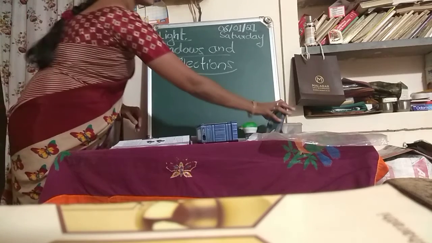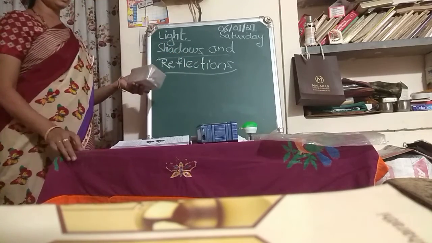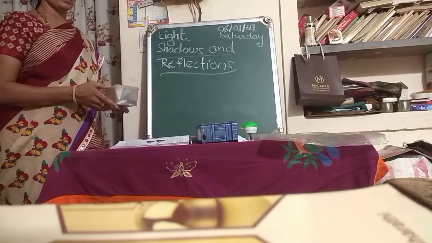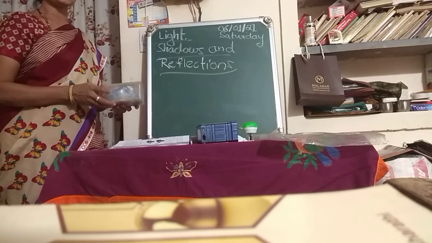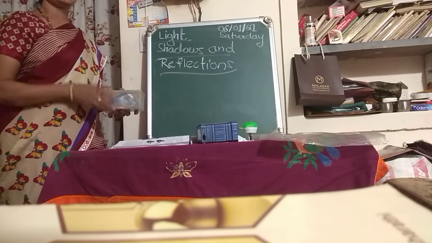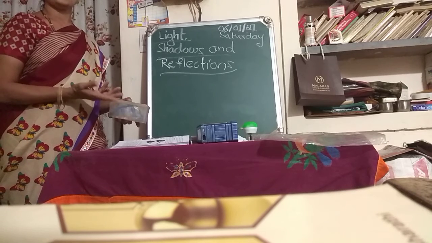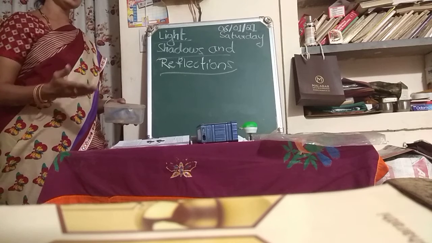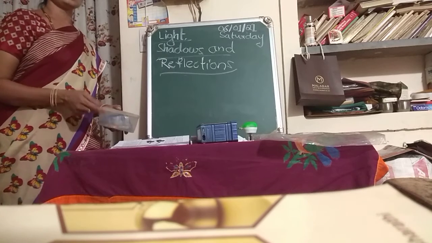But there are some objects that allow a small quantity of light to pass through them. They are translucent. Transparent objects allow light to pass through them and we are able to see objects through them. With opaque objects, the light rays do not pass through and we are not able to see objects through them.